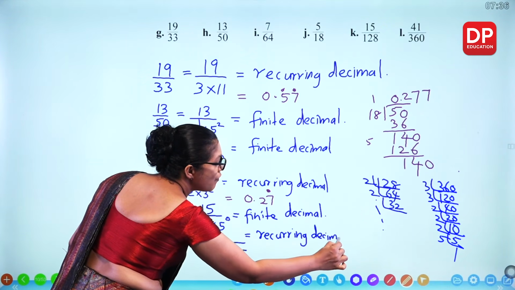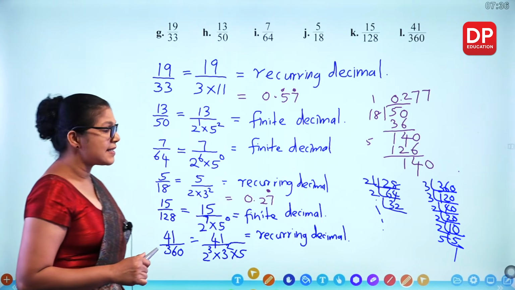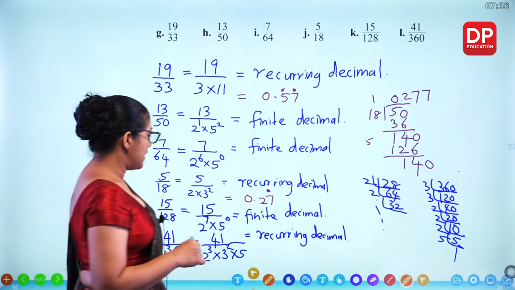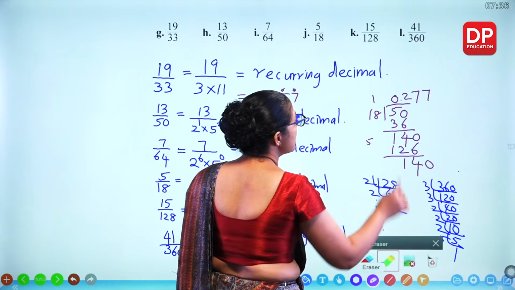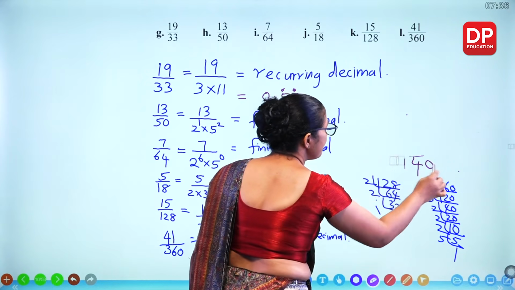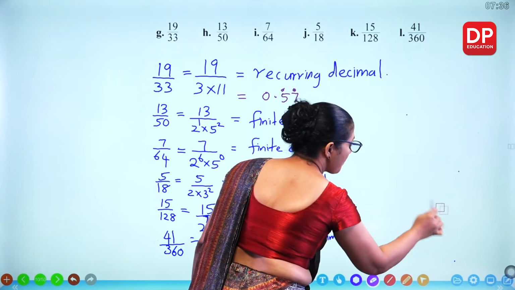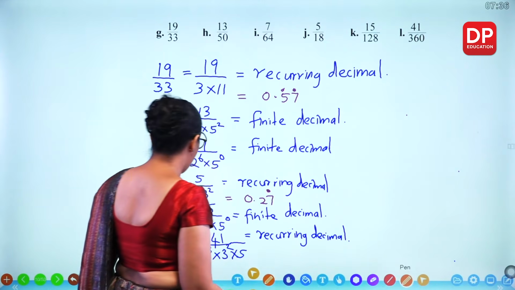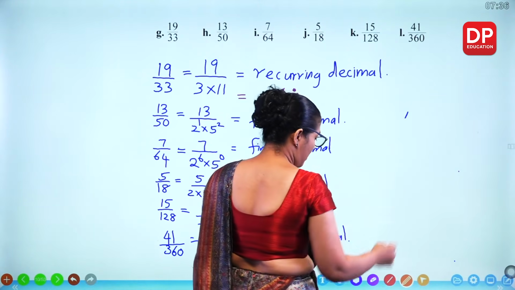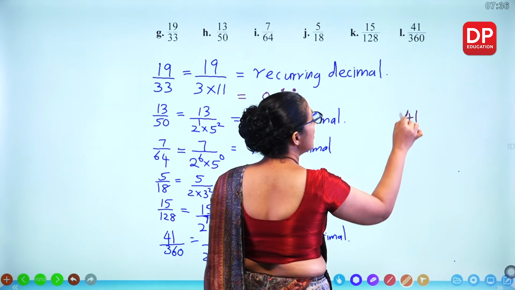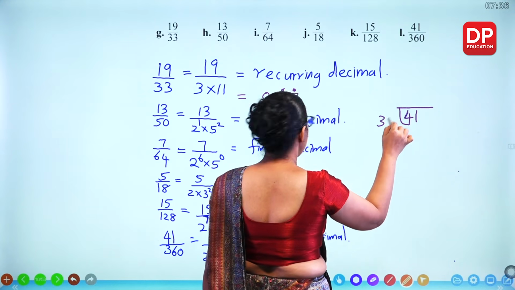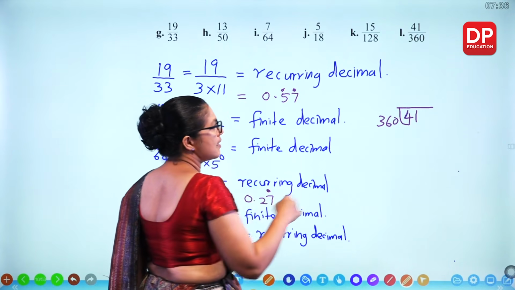Now we'll need to find out the concise form. We'll take long division. I'll take space here. 41 over 360.